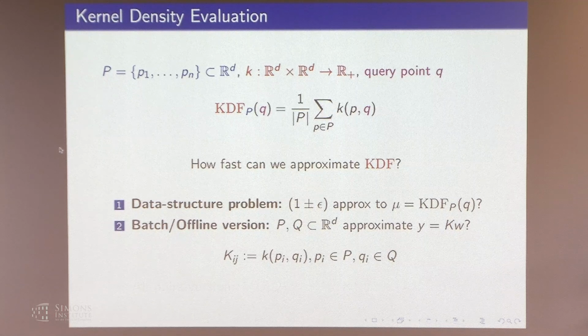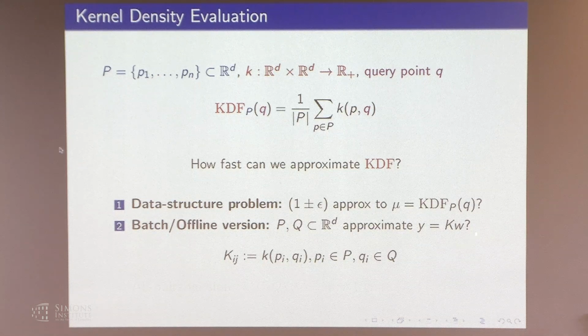There's also another problem that people have considered, which is a batch offline problem. You're given a bunch of points p and q beforehand. Imagine building this kernel matrix K_ij, which has the kernel values for p_i and q_j.